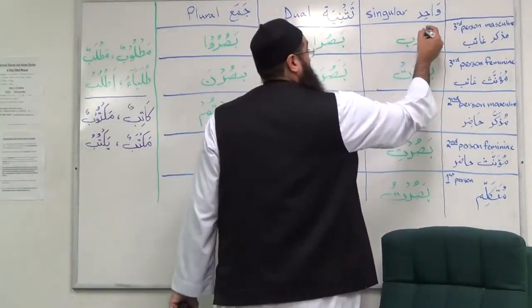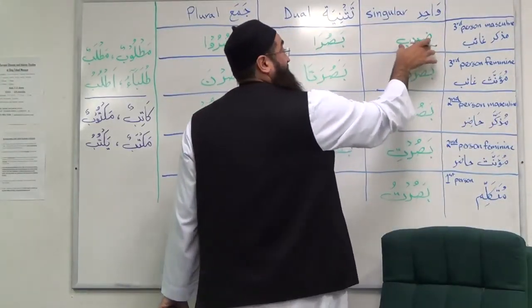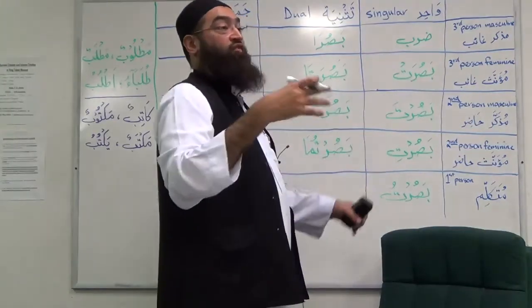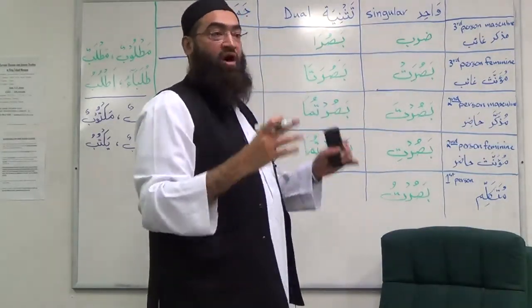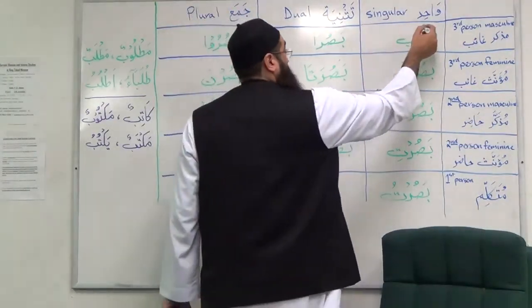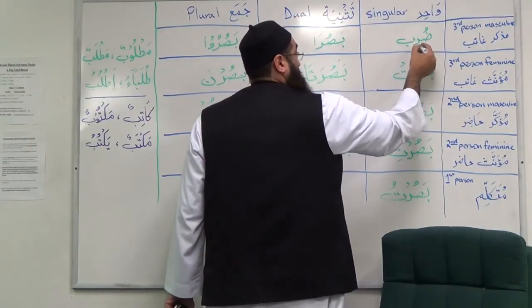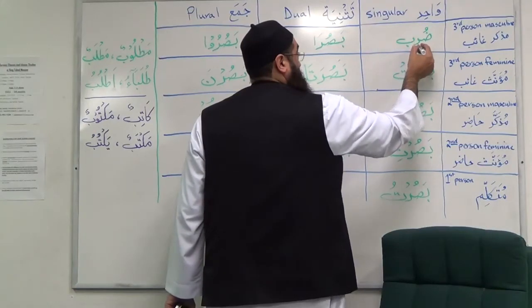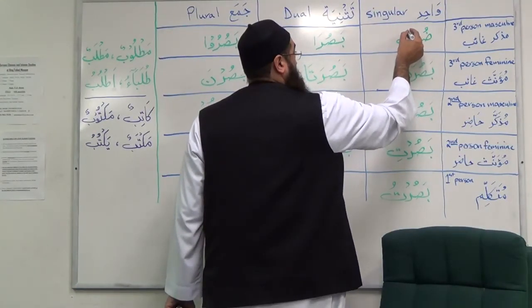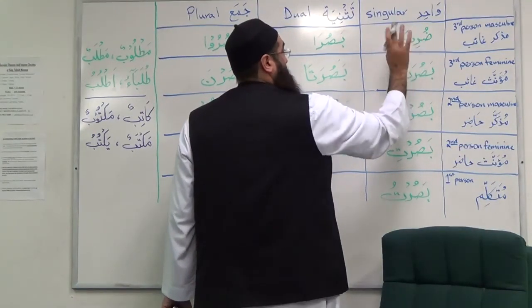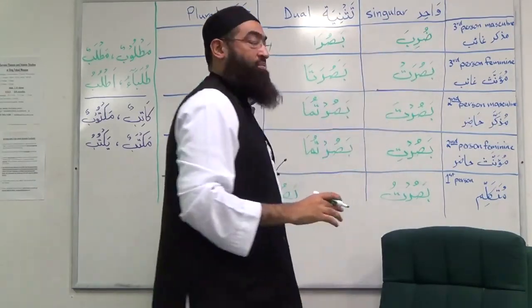So this fi'l majhul is made from fi'l madi ma'ruf. So what we do is we change the fatha to a dhamma, we change the fatha that was here to a kasra, and we leave the lam kalima the way it was with the fatha, so it becomes ضُرِبَ.